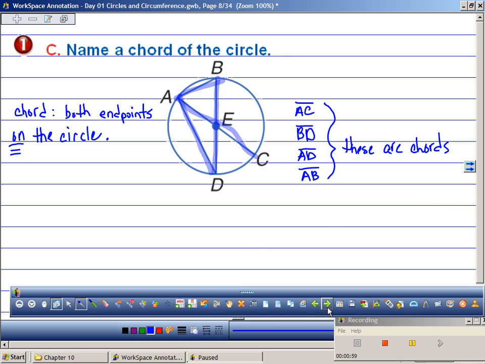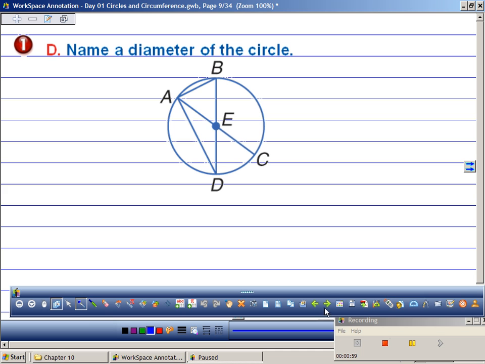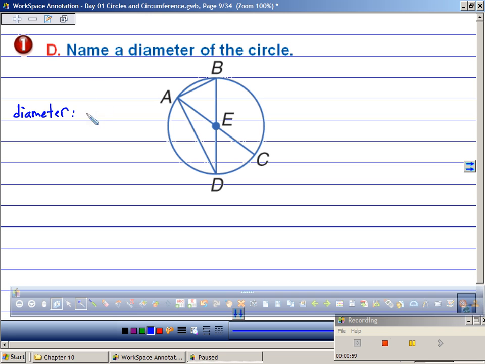Moving on. Last one, name a diameter. Let's define diameter. The diameter is a chord, actually, but specifically a chord that passes through the center.